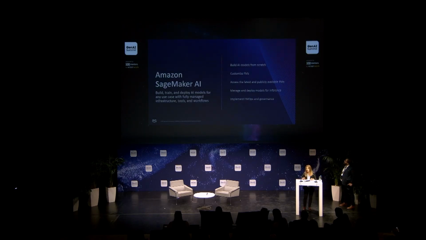Then we have Amazon SageMaker. SageMaker AI is a machine learning service meant to support machine learning scientists and developers to build, train, and deploy AI models at scale in the AWS cloud. It supports the end-to-end machine learning lifecycle, from data preparation to model deployment.